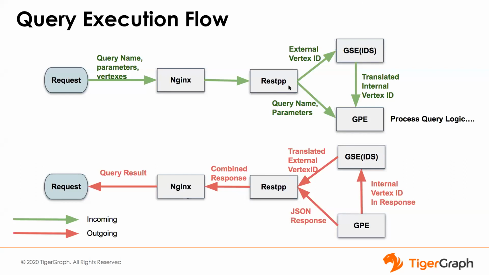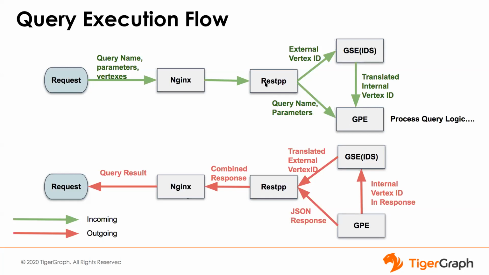That means we need to translate the external ID format into an internal ID so that it can be found from the graph storage, right? So we'll need help from GSE in order to translate the external ID into the internal format. And the internal ID will be sent to GPE, that is our graph process engine, okay?